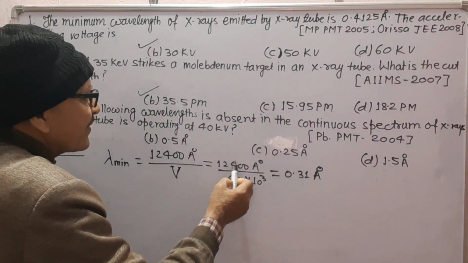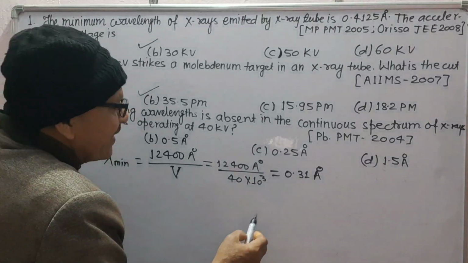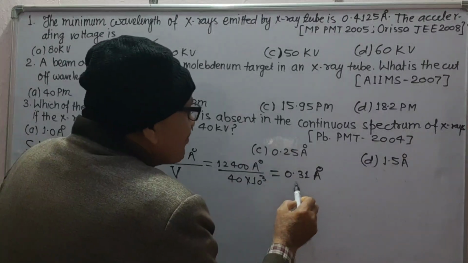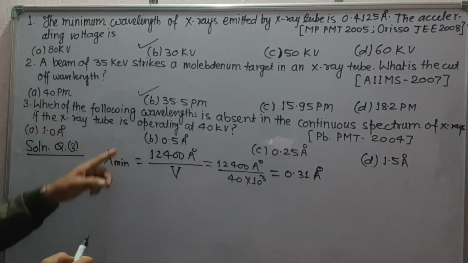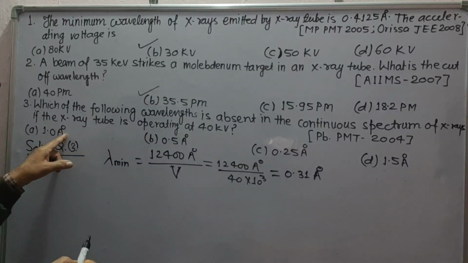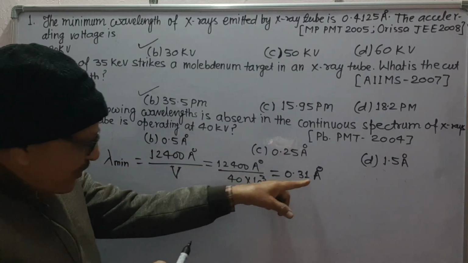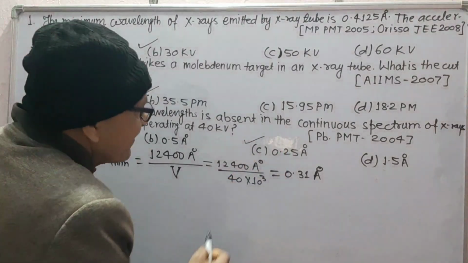So, it is 12,400 angstrom upon 40 into 10 to power 3. On simplification, it gives 0.31 angstrom. So, the absent wavelength will be below 0.31 angstrom. So, the correct option is C.